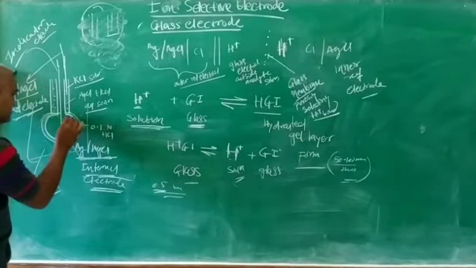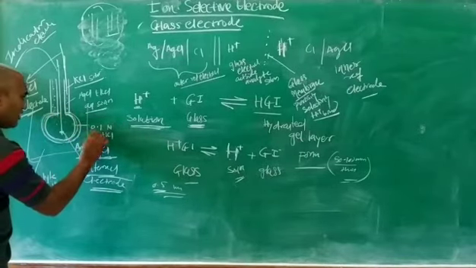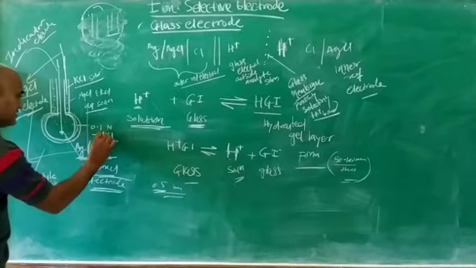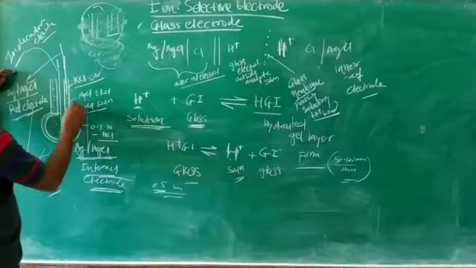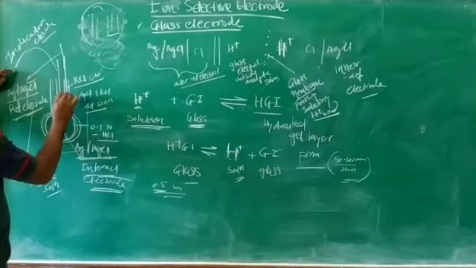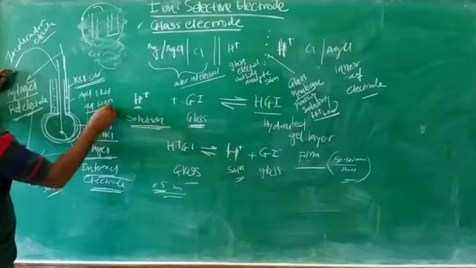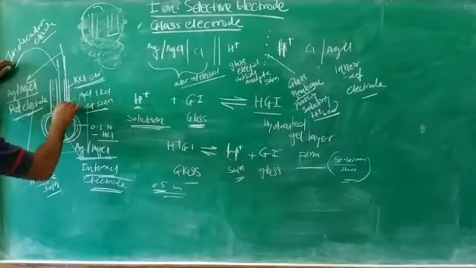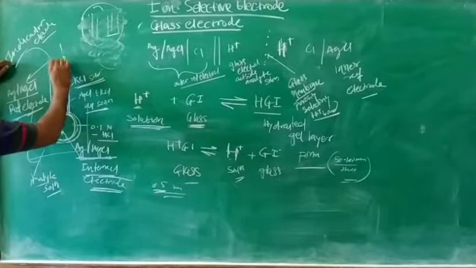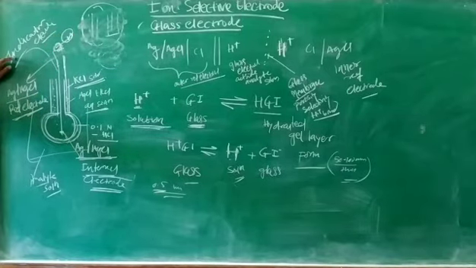So in the internal part, there is 0.1 normal standard HCl solution, and here it is present as an aqueous KCl solution. That is the formation of the potential developed.